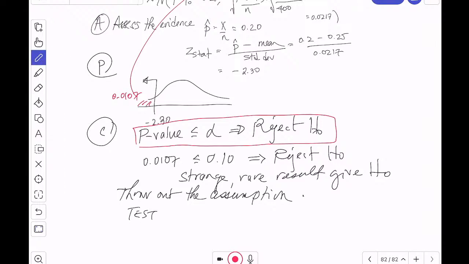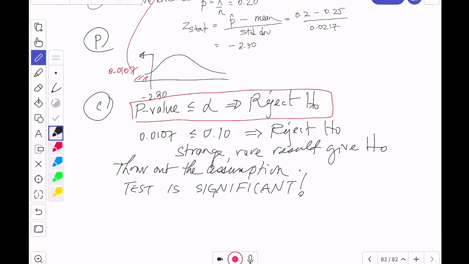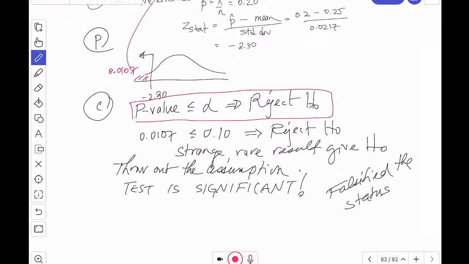Test is, when you reject H0, the test is significant because you found something different from the status quo. So you have something to report. You disproved a hypothesis. You falsified the hypothesis, okay? That's worthy of a report.